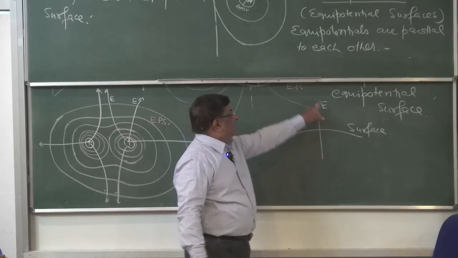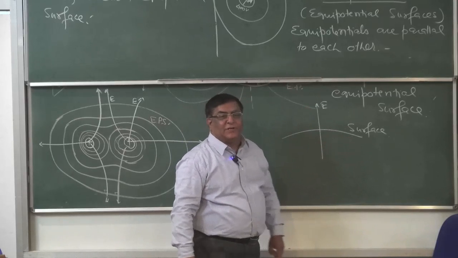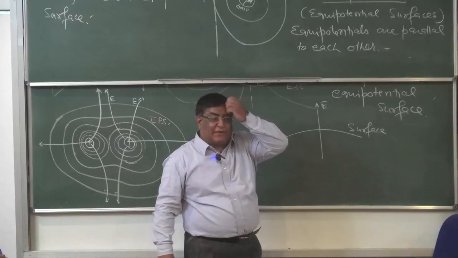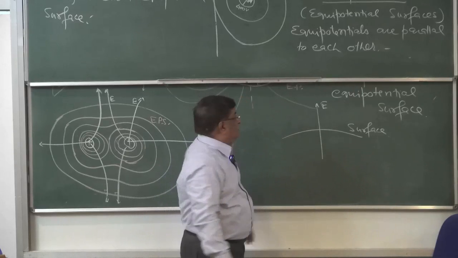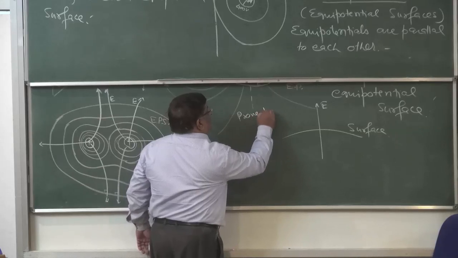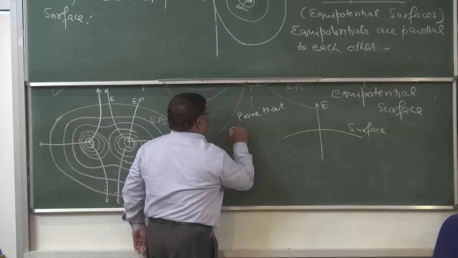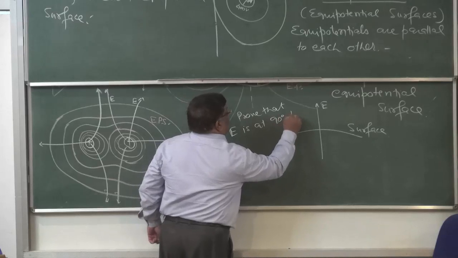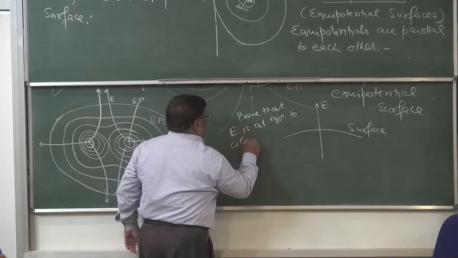This is the electric field and this is the equipotential surface. They are at right angles to each other. Prove that E is at right angle to a conductor.